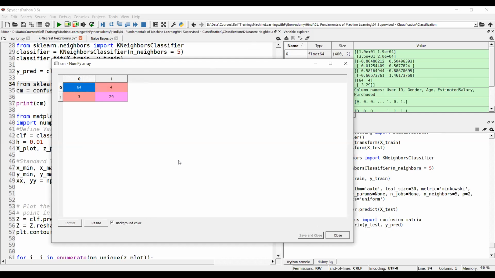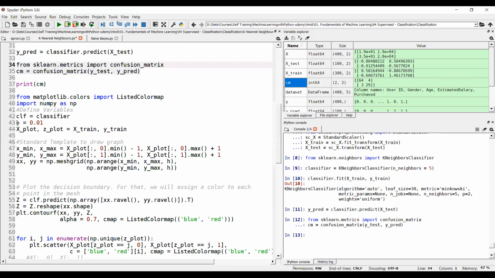See, logistic regression is a linear model. We'll run the code and I will show you the graph once more. And this k nearest neighbor is a non-linear model. We'll see that now.